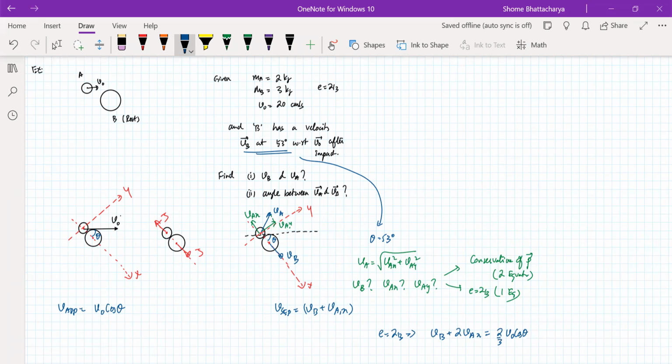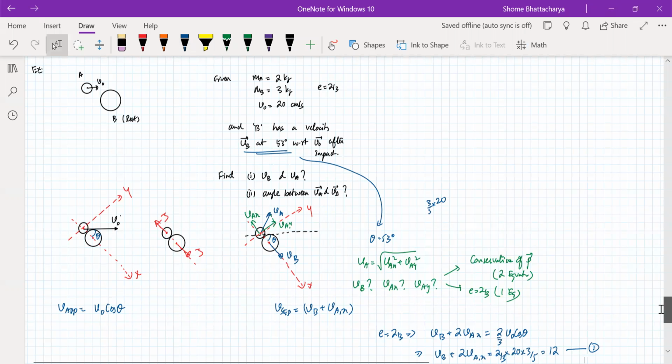And theta is 53, so this equation will further reduce. Now this will become cos 53 is 3 by 5, into 20 centimeters per second. So 12. So this is our equation 1.